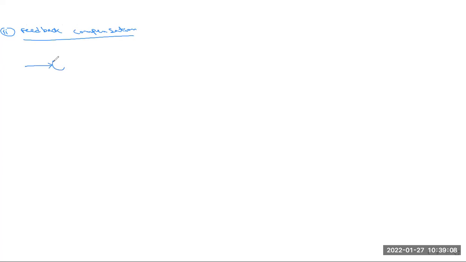Input is coming, first summing point, then another summing point we have to attach, then process or plant, then this is the output of the system. And another block we have to attach here.